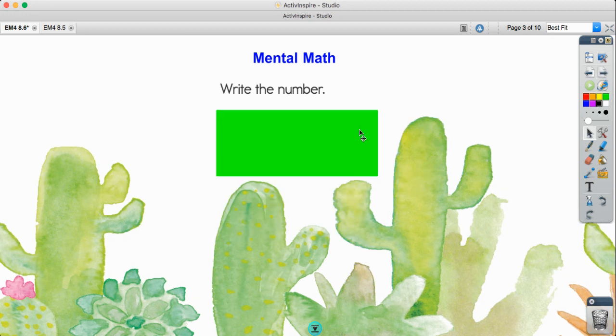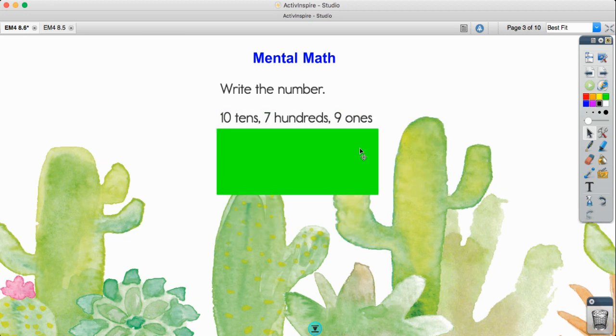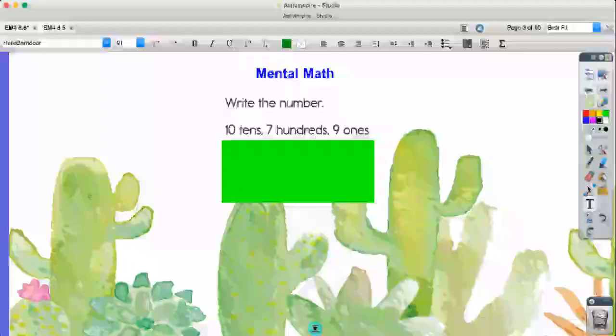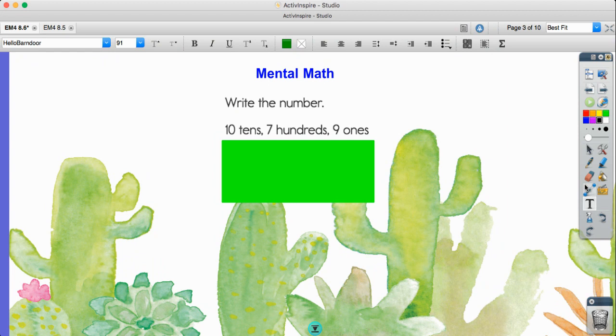Write the number. 10 tens, 7 hundreds, and 9 ones. Write the number. This would equal 809.